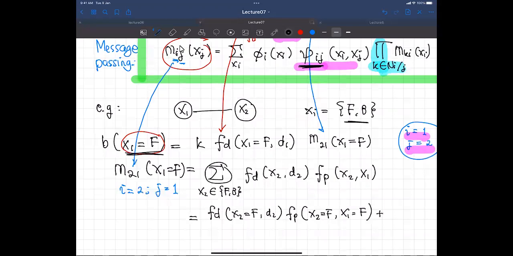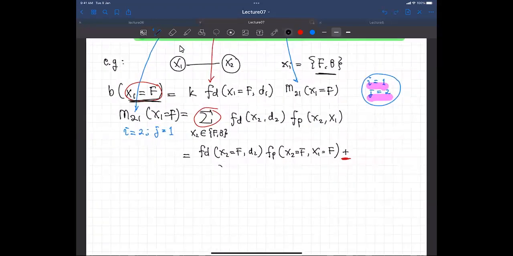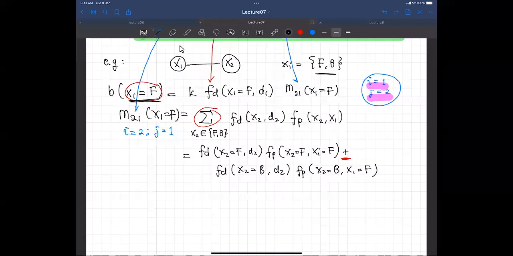Plus, because of the sum sign, we have a sum over x2 equals f and x2 equals p, with x1 equals f.